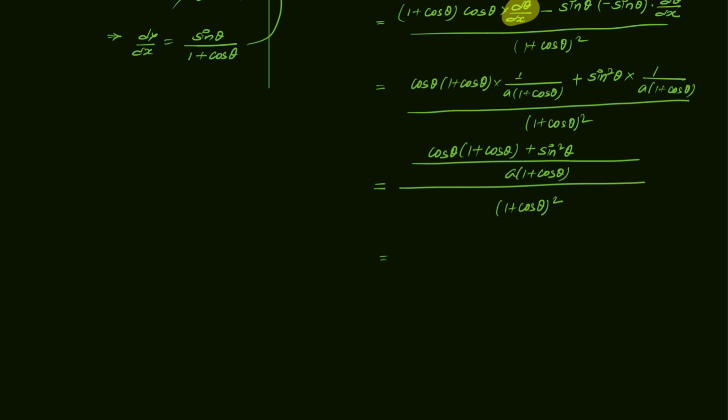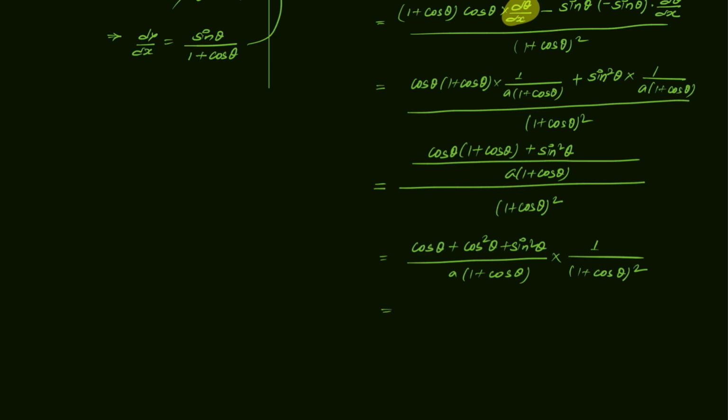So let us open the bracket: cos theta into 1 is cos theta, plus cos theta into cos theta is cos square theta, plus sin square theta, all divided by a into (1 plus cos theta), and if I put the inverse of that, here it will be 1 by (1 plus cos theta) whole square.